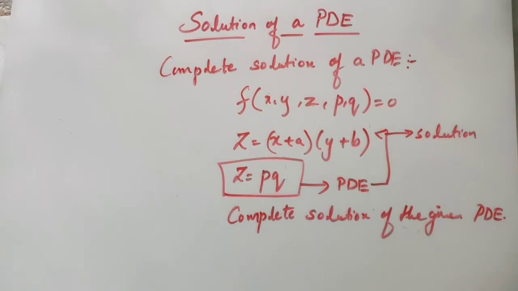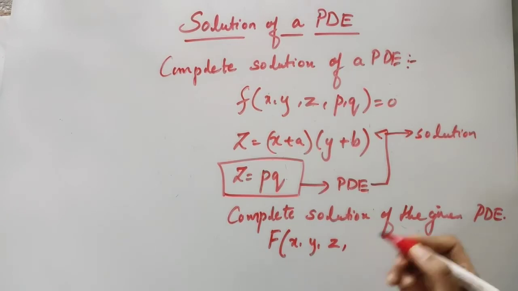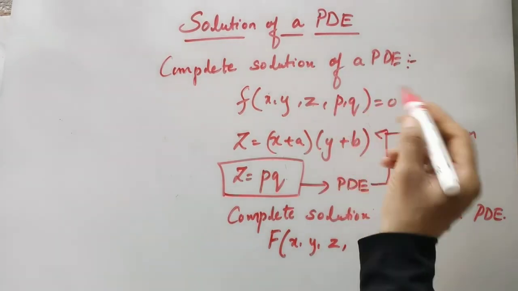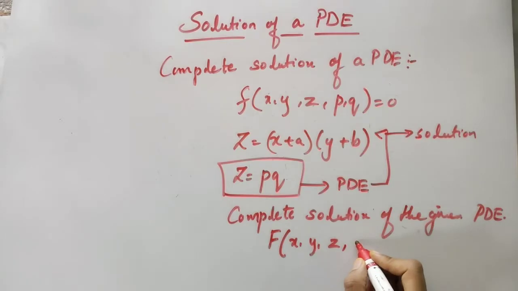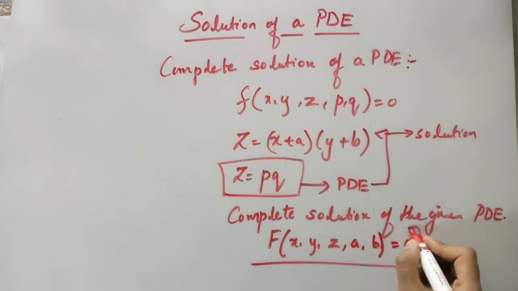A complete solution is always written, since small f is already used, I'll use capital F for representing the complete solution. F of x, y, z, a relation between all the dependent and independent variables, with some constants appearing. p and q will not be there, the partial derivatives will not be there. The constants a and b, I'll again fix them, it will be equated to 0.